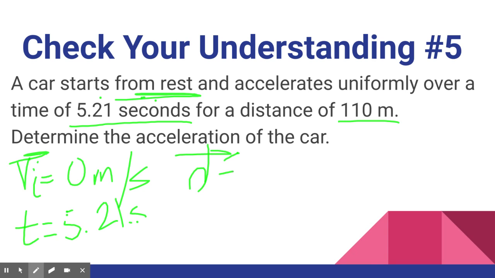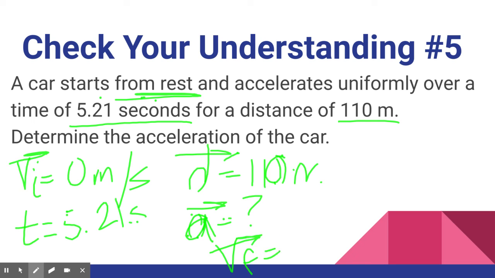We've got displacement, 110 meters. Determine the acceleration of the car. So we have two unknowns here: acceleration, and also final velocity. And we need to figure out final velocity before we can figure out the acceleration.